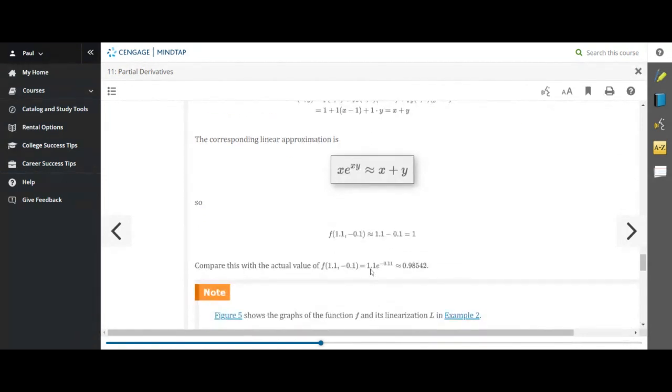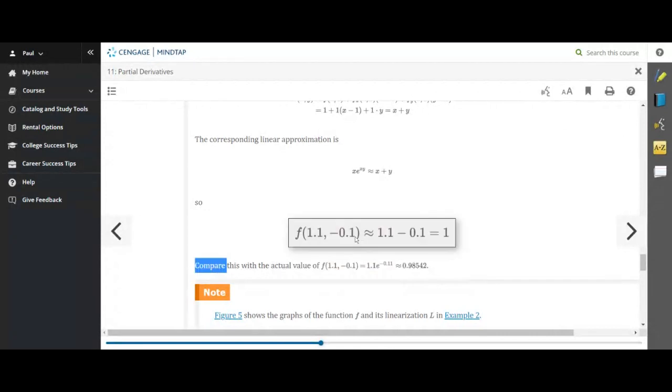So they evaluate the function using the linear approximation. Look how easy that is. F of (1.1, -0.1): 1.1 is close to x equals 1, and -0.1 is close to y equals 0.